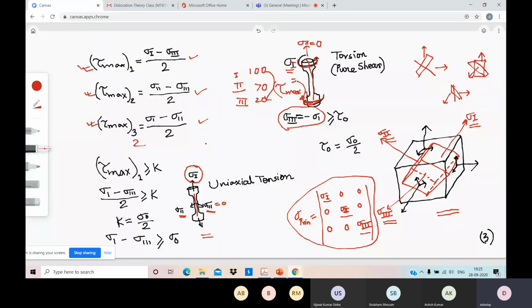And all this derivation I am doing is based on a concept which is called continuum mechanics. So dislocations and other things do not come into this. This is a mechanistic concept, pure mechanics, solid mechanics, continuum solid mechanics. No atomistic consideration is coming in these calculations.